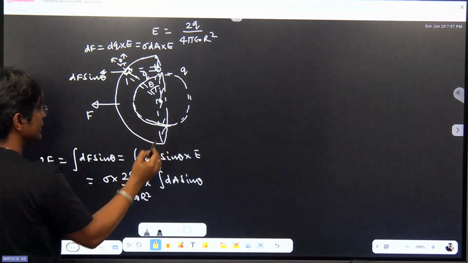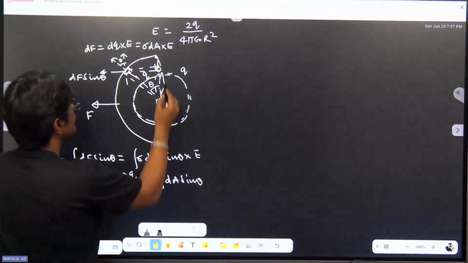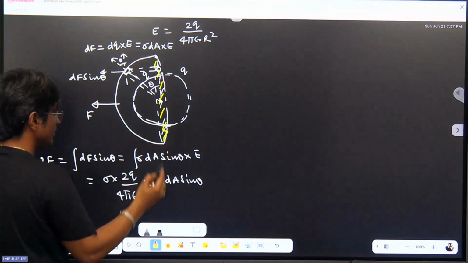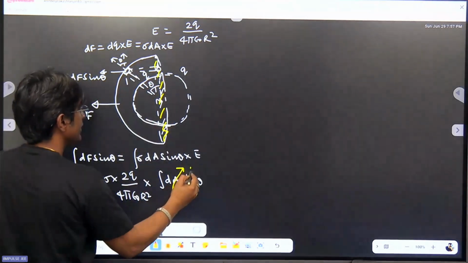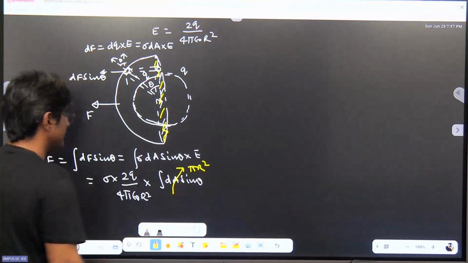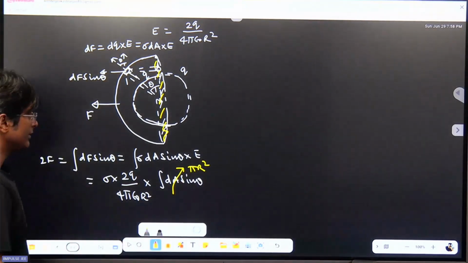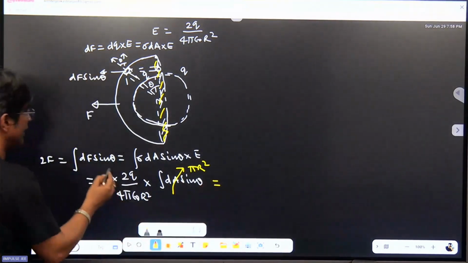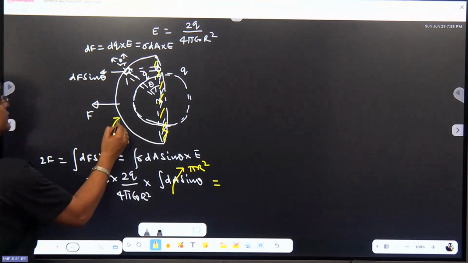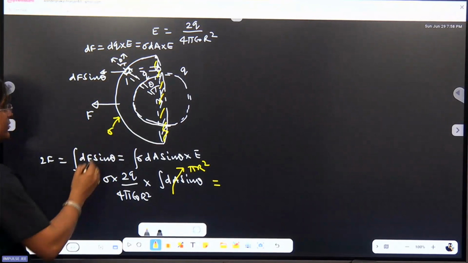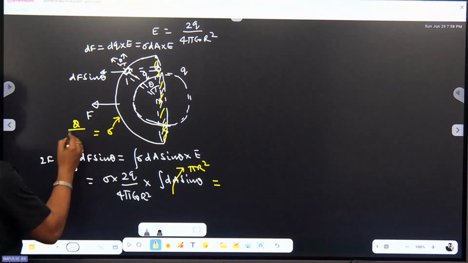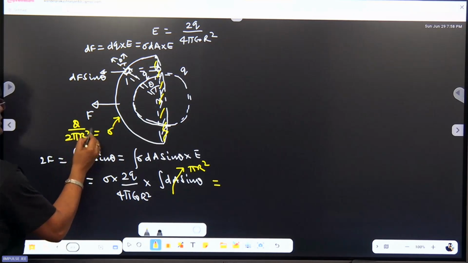After integrating we get the projected area, which is pi r square. The value of sigma is the charge on the outer shell, capital Q, divided by its area 2 pi r square.